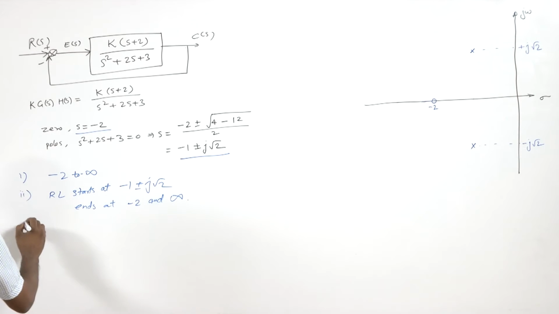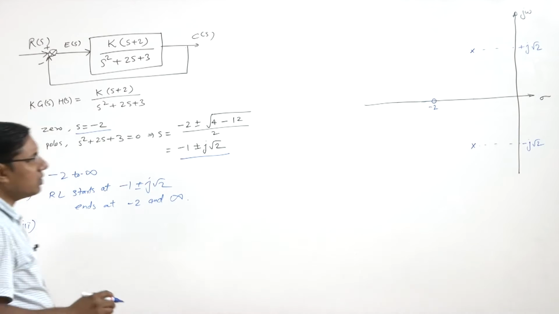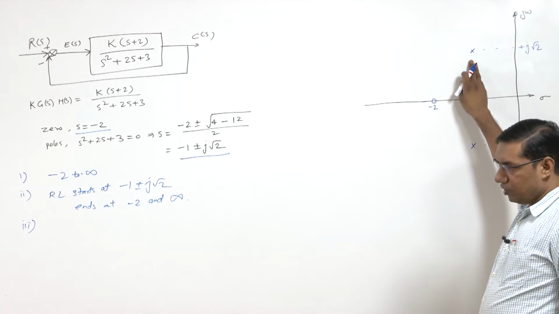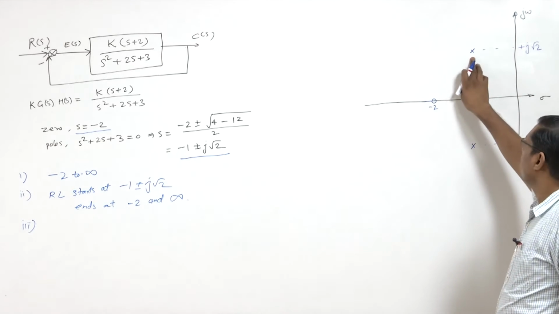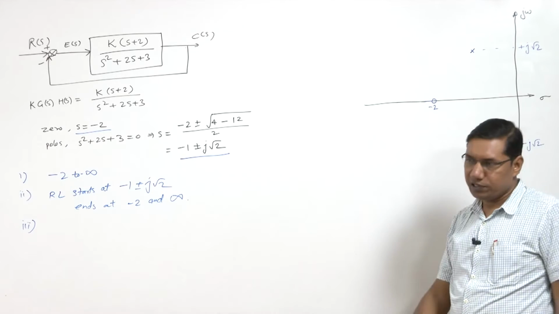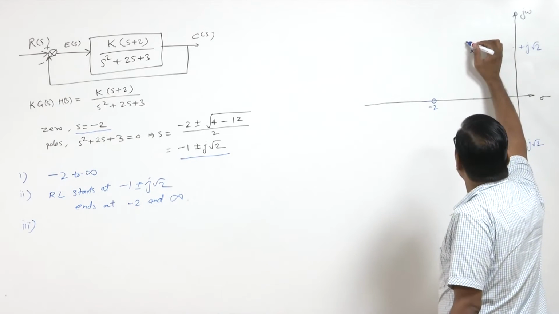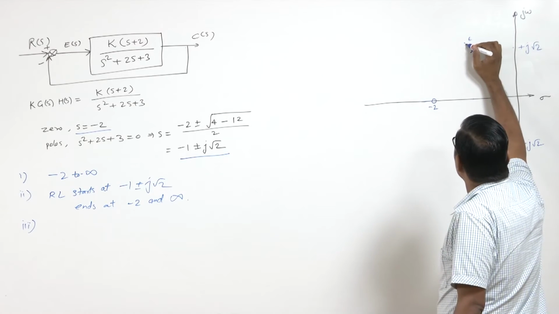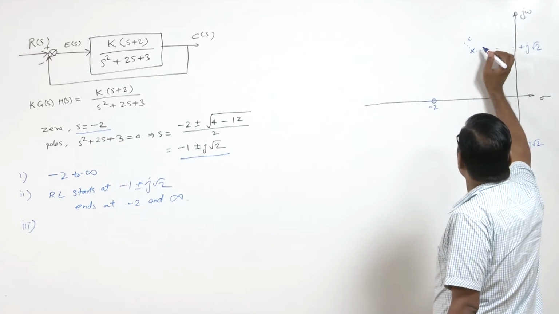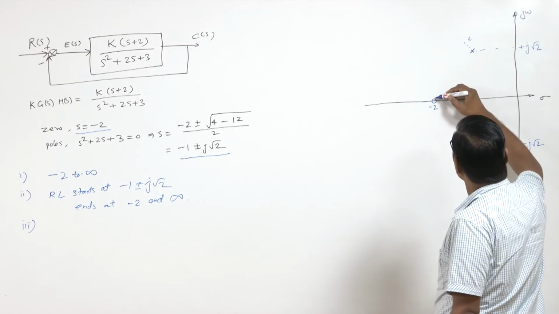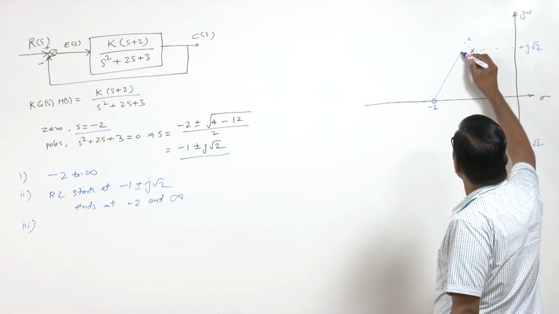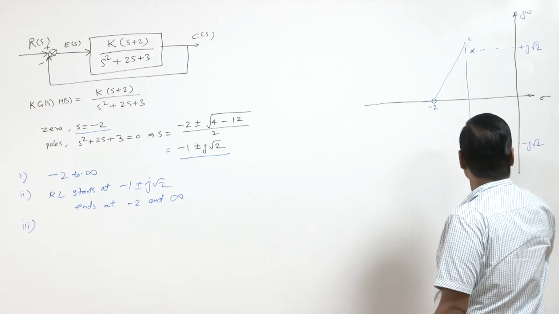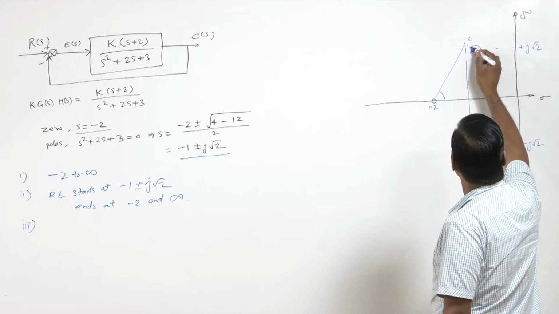Now because the root locus will start from here, it will depart from this point. So we have to find the angle of departure. We can find the angle of departure by taking some point here and finding these angles.